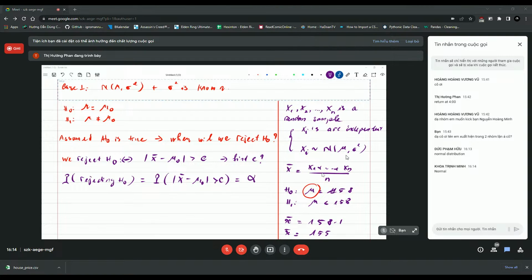Normal, but what is the mean and the variance? We know that S bar is just the sum of n independent normal distributions, so of course it still follows a normal distribution. What are the mean and the variance of S bar?